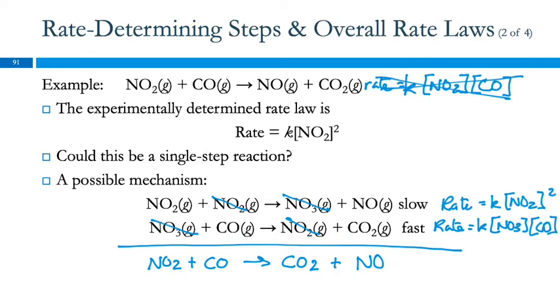Through experiments? Well, the only way to confirm that this is the rate law is to do experiments where you change the NO2 concentration and you measure the rate. Right. Yeah. But I'm talking about the intermediates, so that can only be proven true through the experiment, correct?